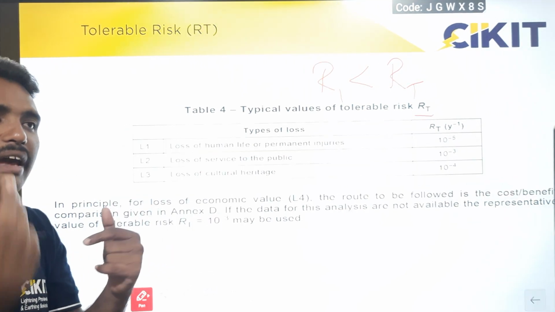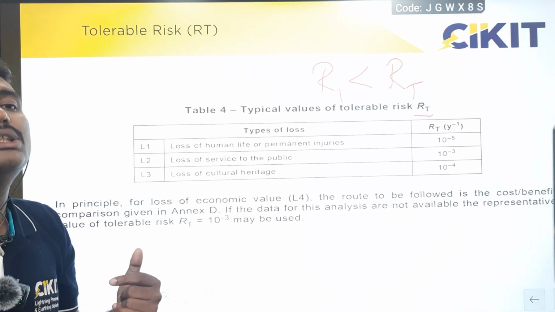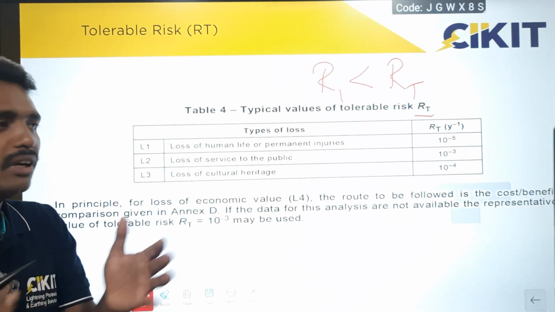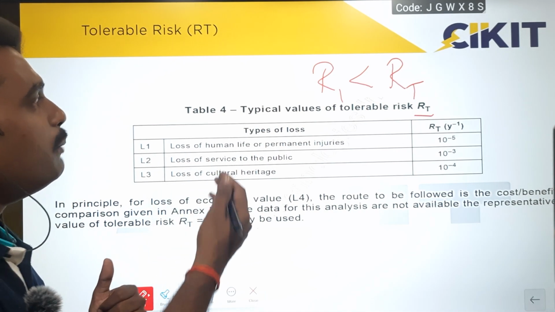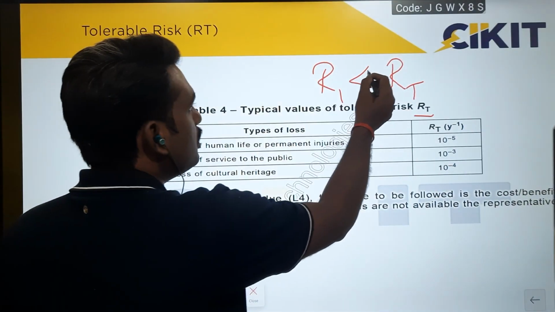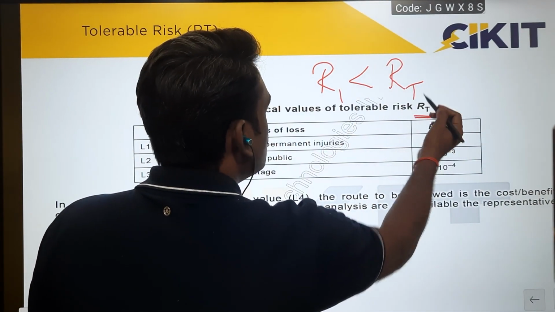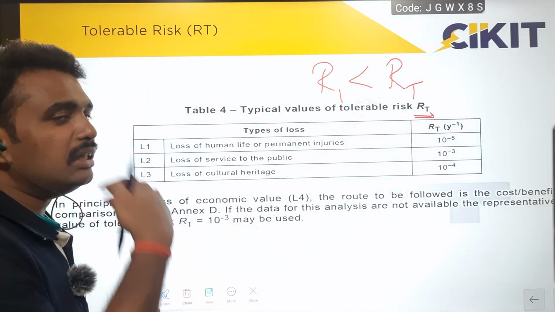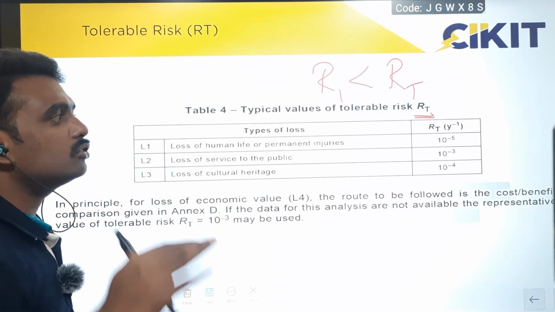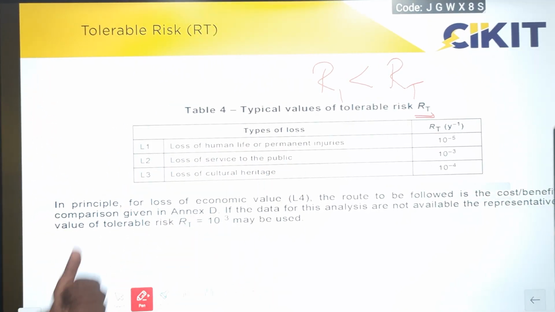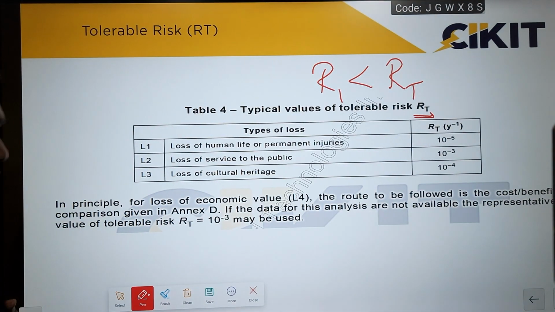I can also install surge protection devices. By doing this kind of activities, I can bring down this risk value. So the ultimate aim is that the R1 value has to be reduced below RT. If R1 becomes less than RT, then we can tell that the risk due to lightning in that particular location is low and the structure can be considered as protected.